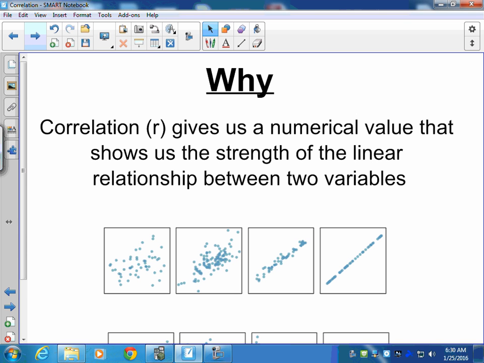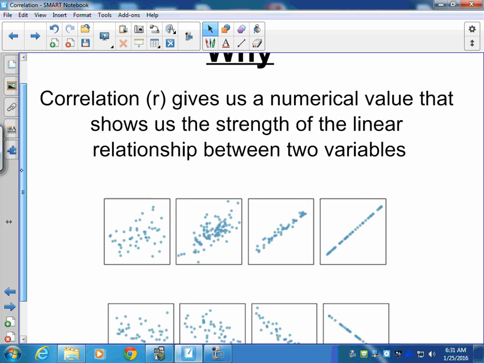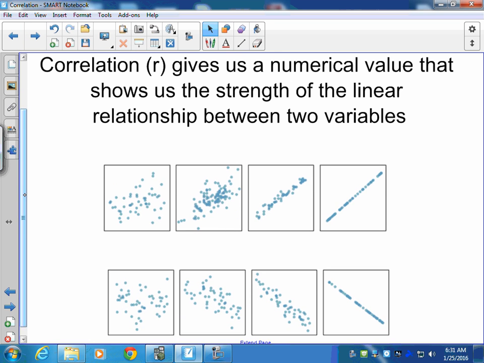Now, when we're looking at any calculation, one thing we want to think about is why we need that calculation. What does it help us with? If you think back to our last lesson, talking about direction and strength of a linear association, we had these sets of graphs.